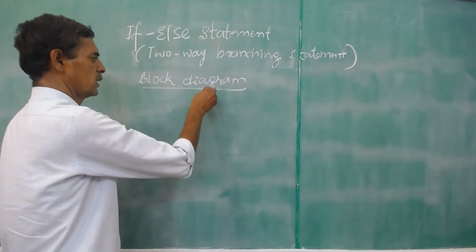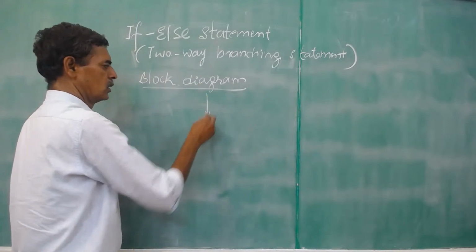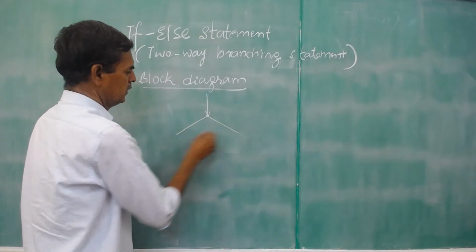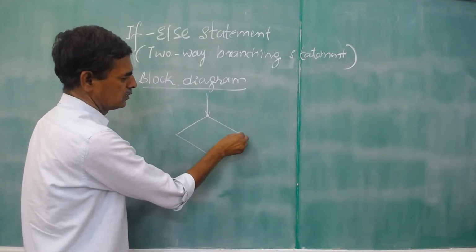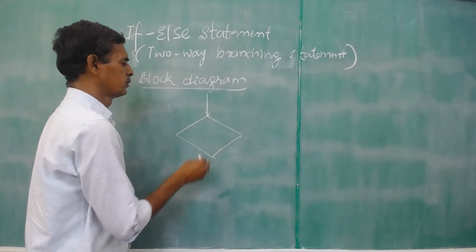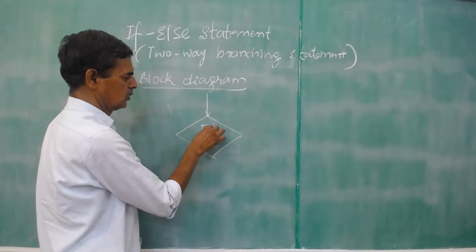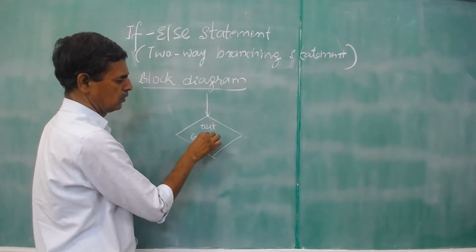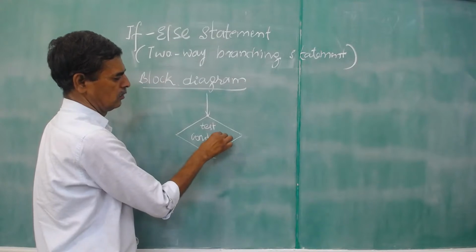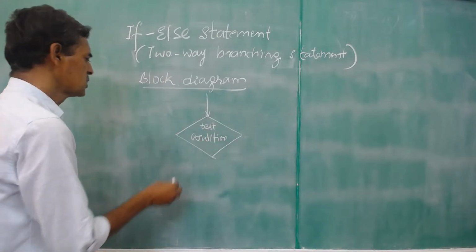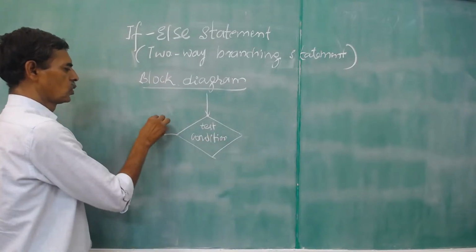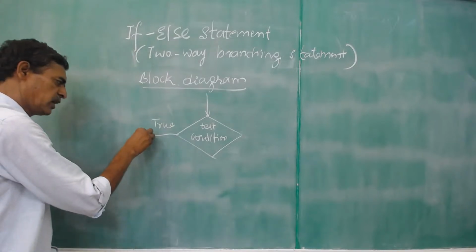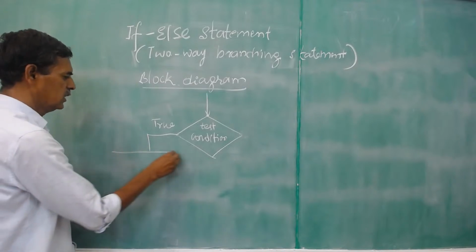Here, control comes here. Here, testing of test condition takes place. Test condition. If test condition is true, then statements in this block are executed.